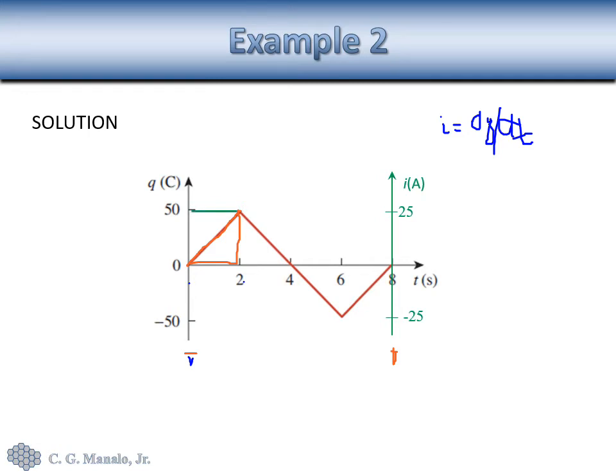So we have 25 here, and between 2 and 6 seconds, we observe again that this is the plot of Q, and it has a constant slope as well, but this time it is a negative slope and equal to 100 divided by 4 seconds. So that will give you negative 25 because of the negative slope.